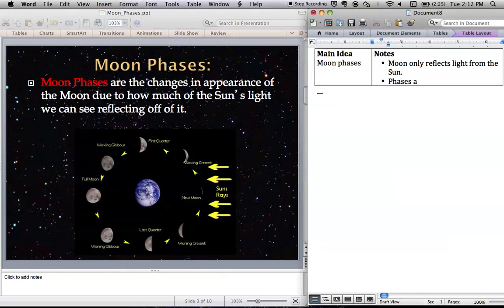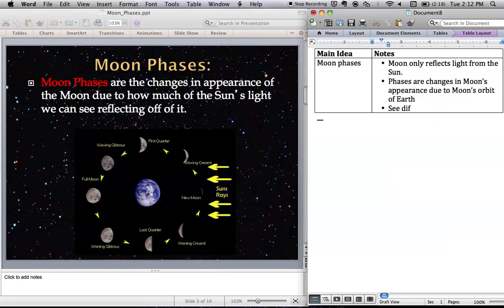So the phases are changes in appearance due to the moon's orbit of the earth, and we see different amounts of the sunlit side of the moon.